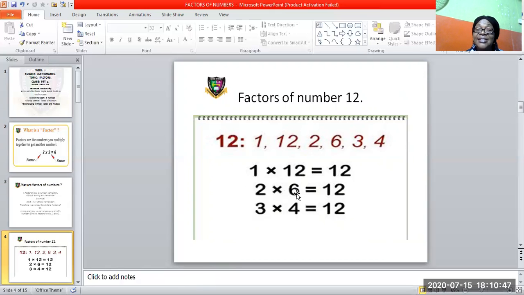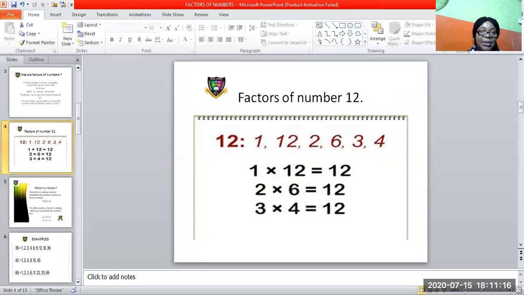As is shown in this example, 1 times 12 is 12, 2 times 6 is 12, 3 times 4 is 12. Therefore, 1, 2, 3, 4, 6, and 12 are the factors of number 12. Do we understand?